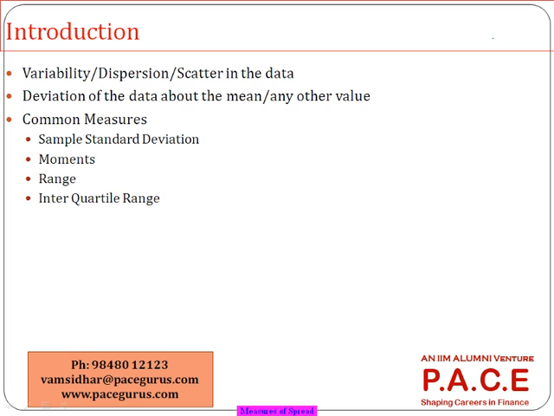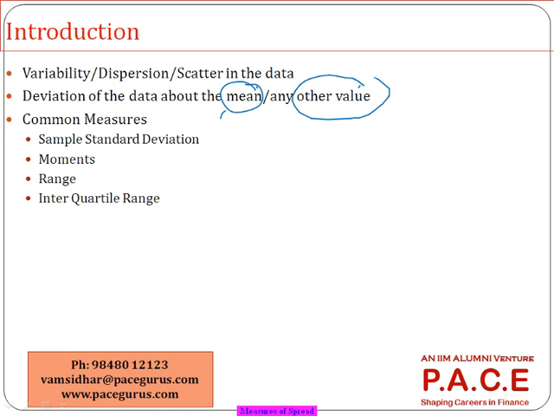So it talks about either the dispersion or variability or the scatter in the data, and sometimes we try finding out the deviation from the mean. Most commonly, standard deviation as a definition is nothing but average deviation from the mean. Whereas sometimes I may be interested in finding out the deviation with respect to any other value also.